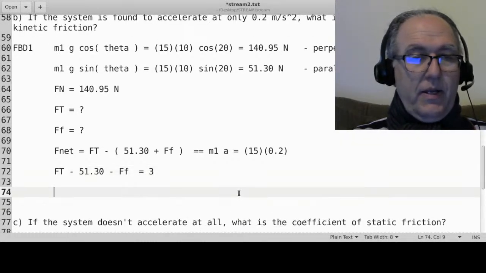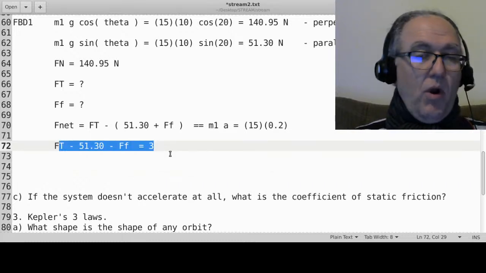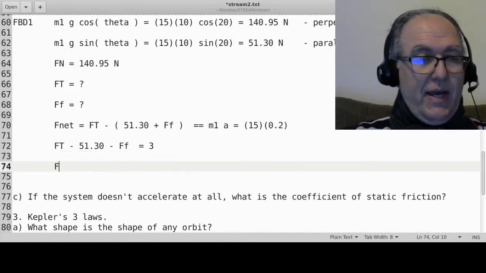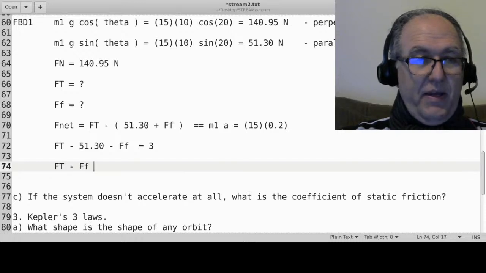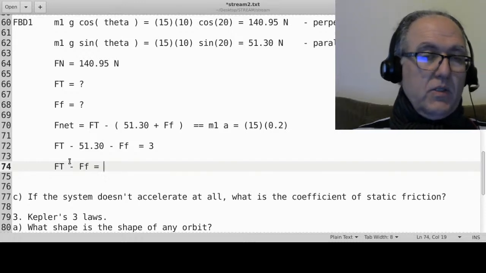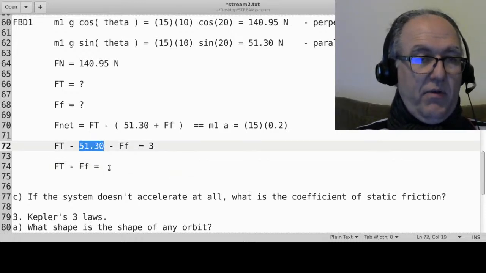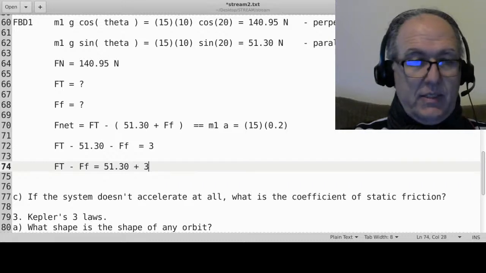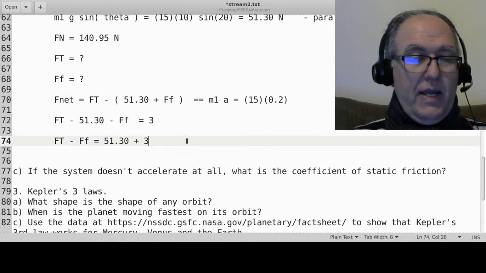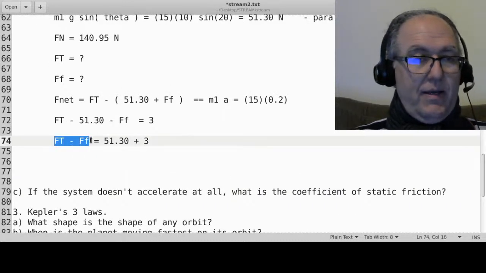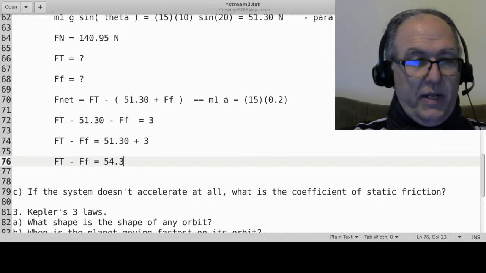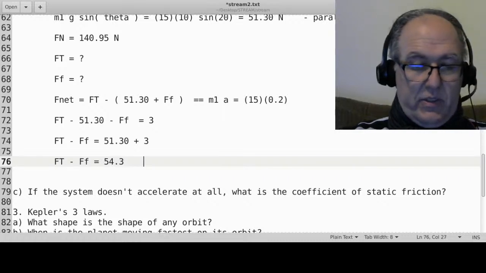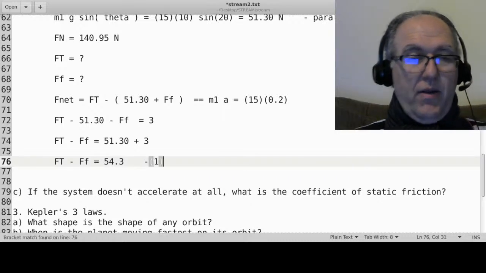And we can reduce this a little bit more, because we can have that Ft minus Ff is equal to the value from one side plus 3. Finally, 51.3 plus 3 is 54.3, and there's our equation number 1.